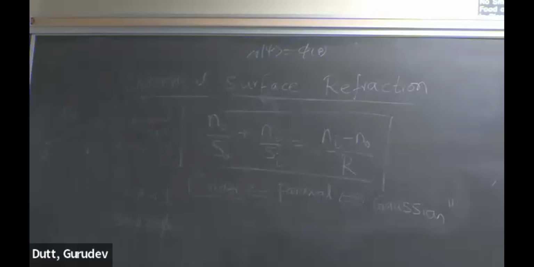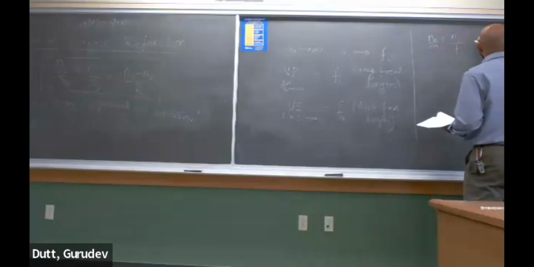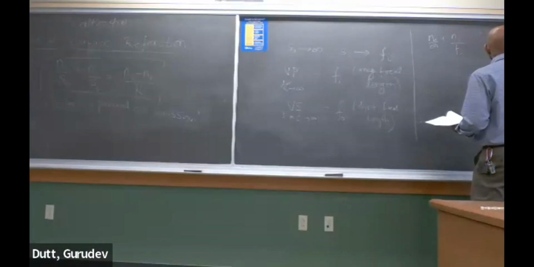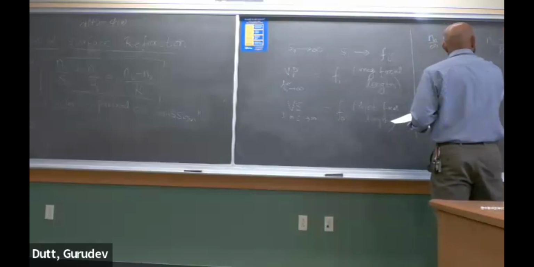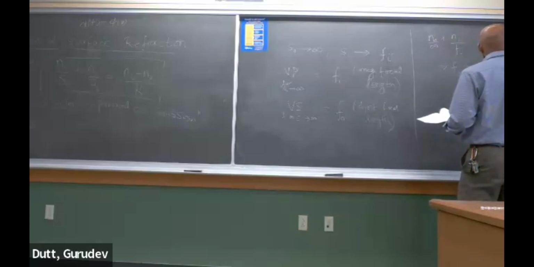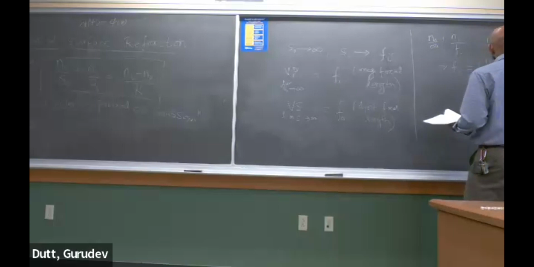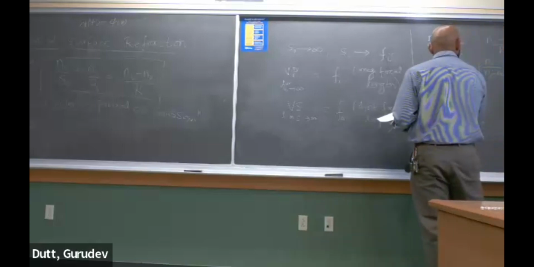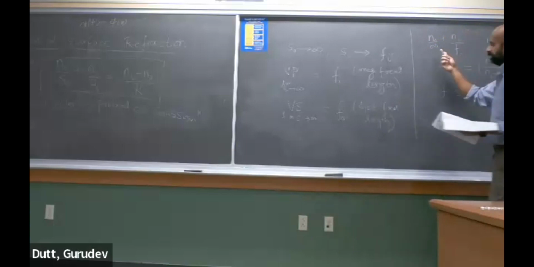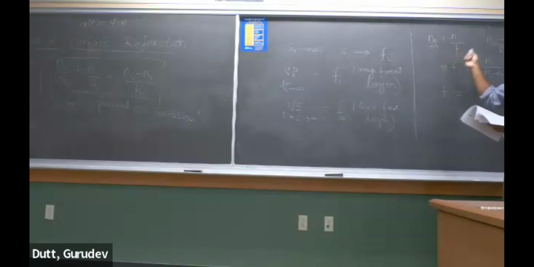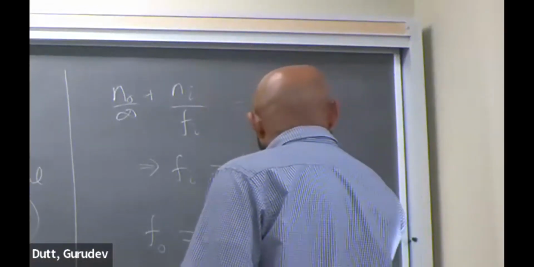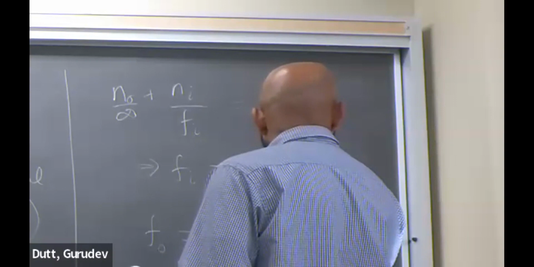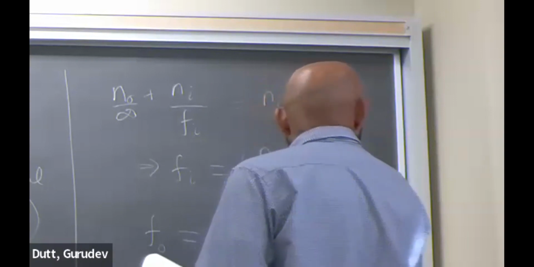Now for Si, I substitute the image focal length, that I equate to Ni minus No divided by R. From this, I can immediately write down that Fi, the image focal length, is just Ni divided by Ni minus No times R. Similarly, I can solve for Fo by substituting that the image focal length is infinity, the object focal length is Fo, then I get Fo equals No divided by Ni minus No times R.